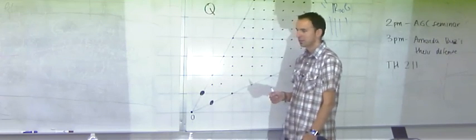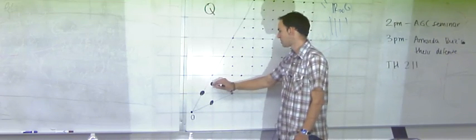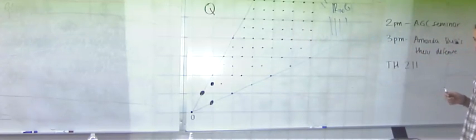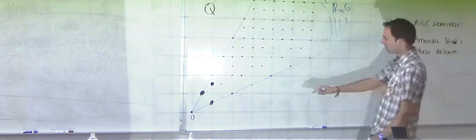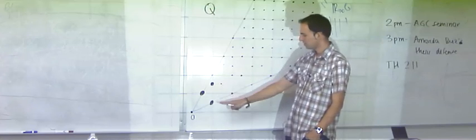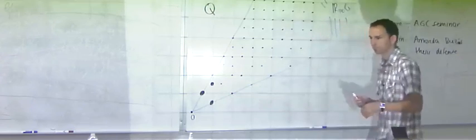Okay. Anything else? This one is twice this one. This one is this one plus this one. This one is twice this one. It looks like that might be it.